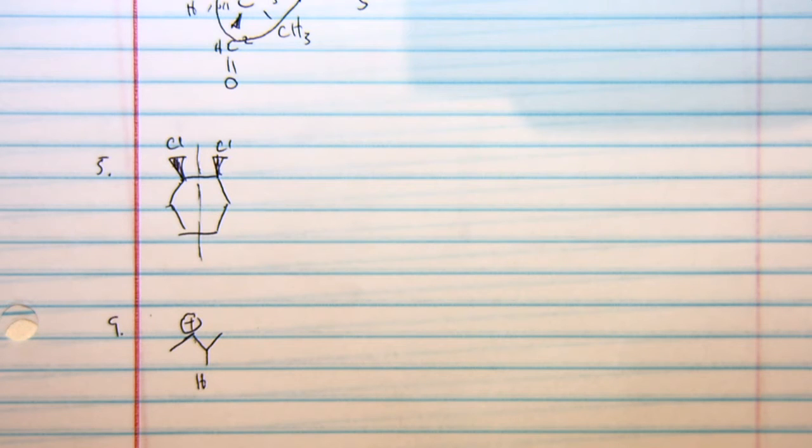I think we did number 12 in class. How do you guys feel about number 12? We're all good? What's up? Number 9 was, we said D for racemic. Does that sit with everyone? We're all good with that? Okay.